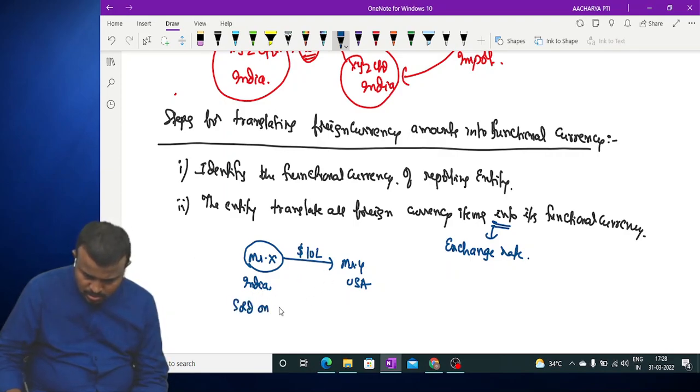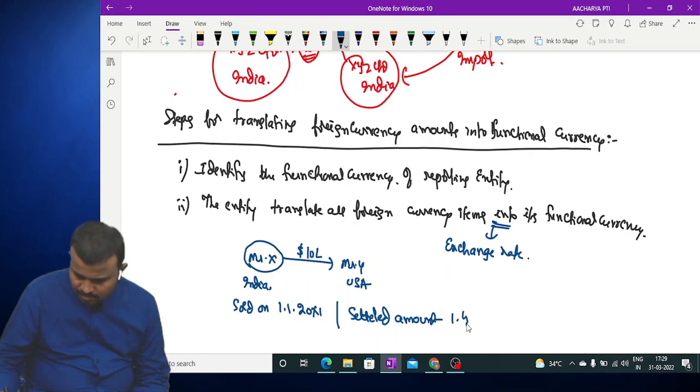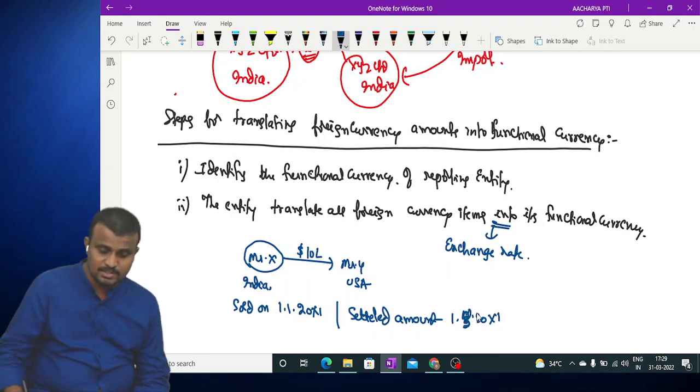The goods are sold on 1/1/20X1, and that party settled the amount on 1/3/20X1.